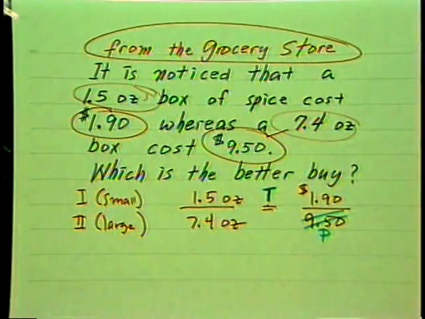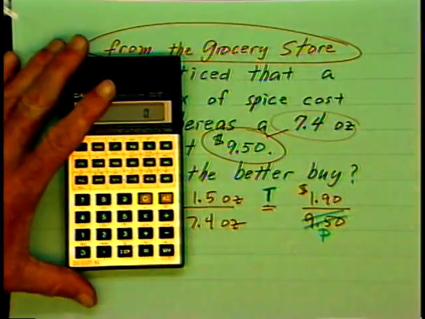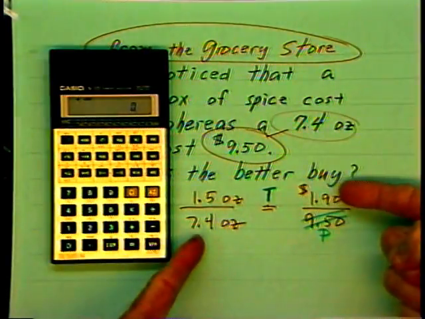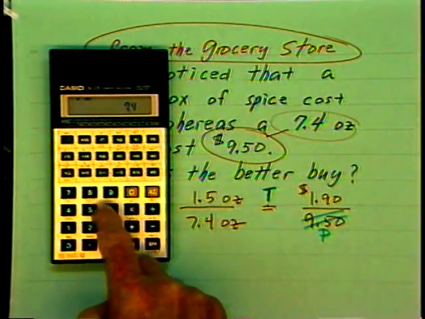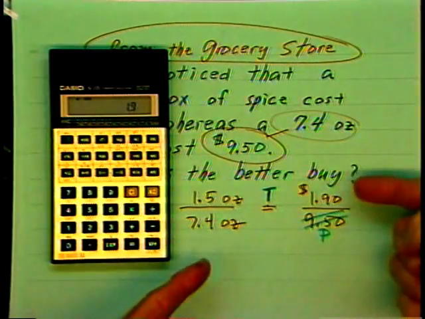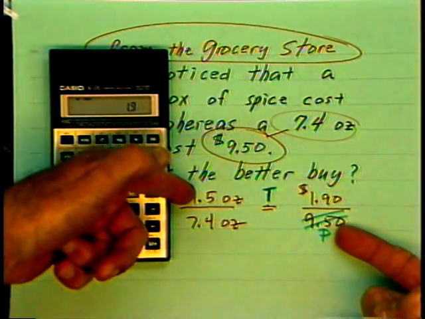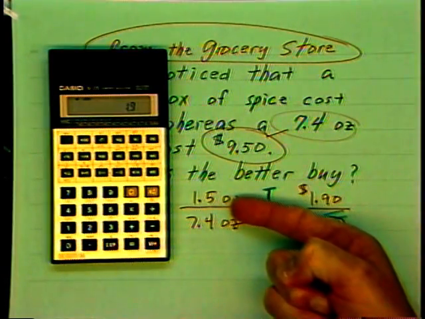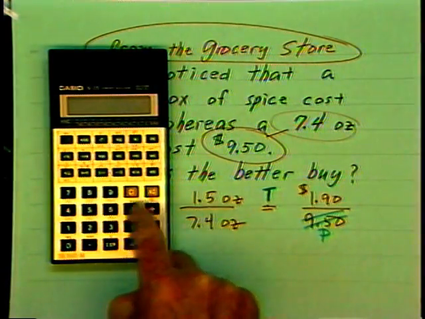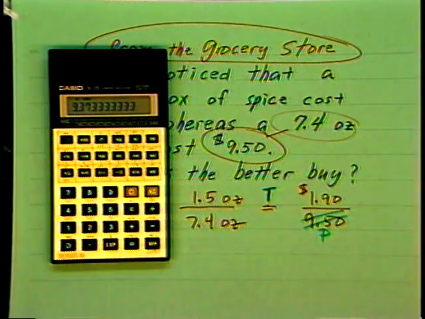So we can do this with our shortcut, can't we? We find the diagonal without the letter. Here it is. So 7.4 times 1.9. Then we divide by the number on the diagonal with the letter. So we're going to divide by 1.5 equals, and we get 9.37.